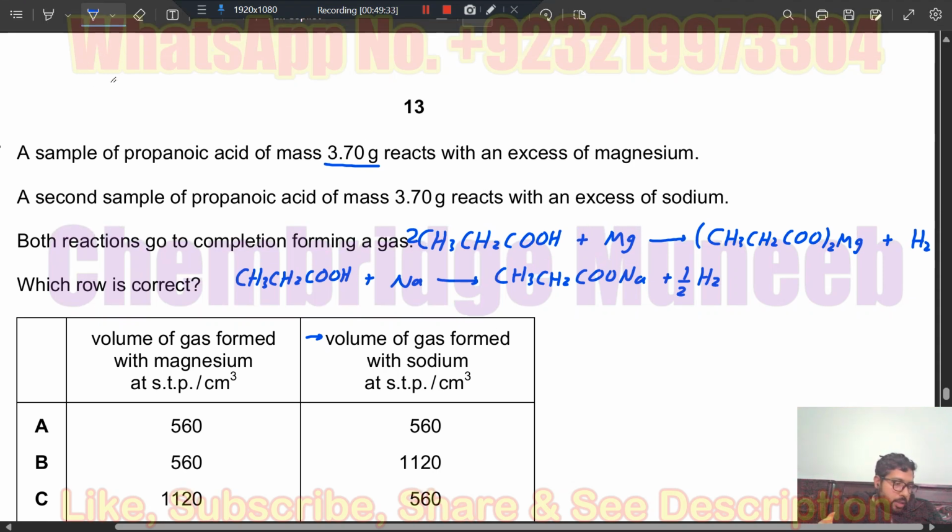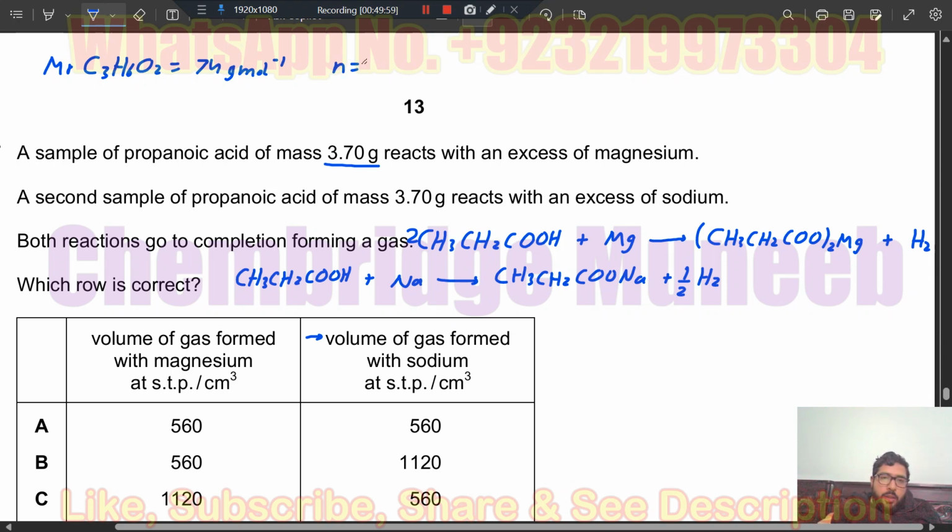So the molecular formula of the propanoic acid, if we look at this structure, is C3H6O2. Now the Mr value of this compound, if you calculate from the calculator, you will get 74 gram per mole. Now I have to convert this value into moles.